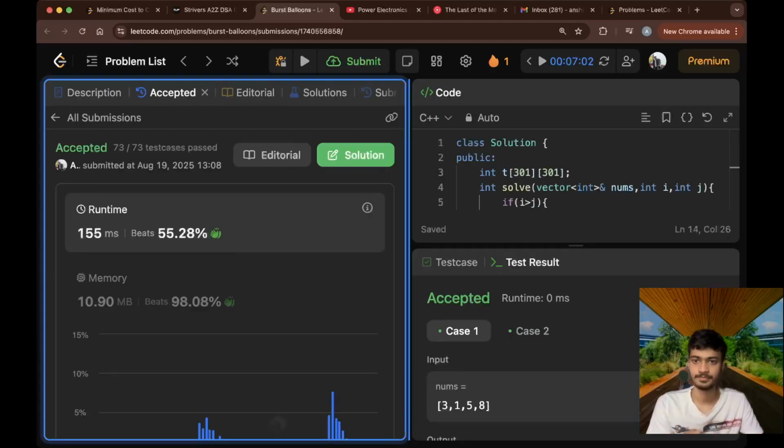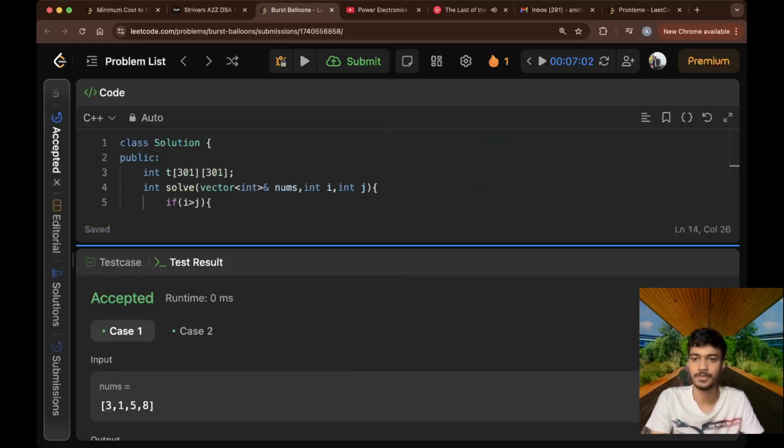Now tabulate it obviously. Can tabulate it pretty simply.